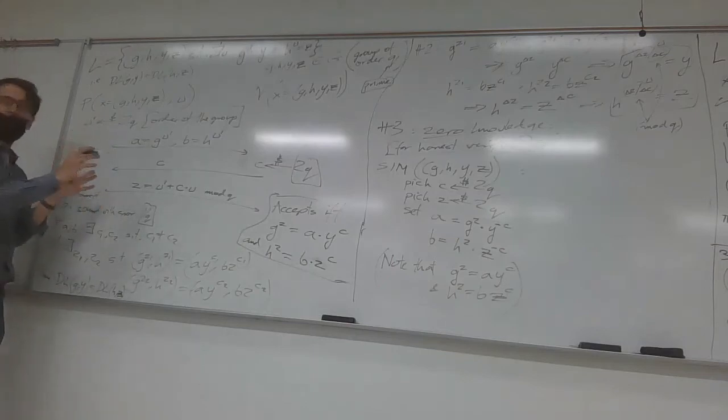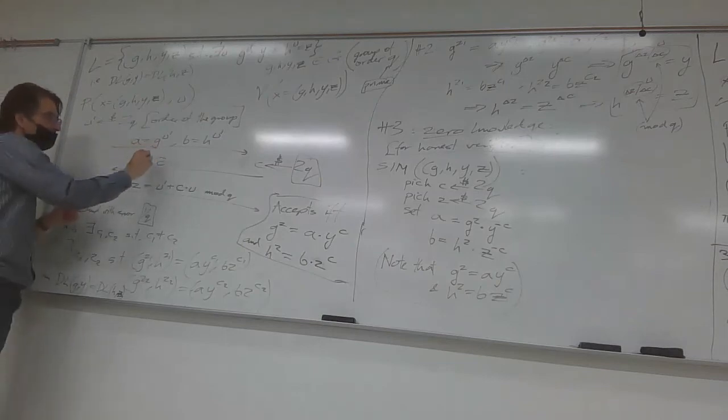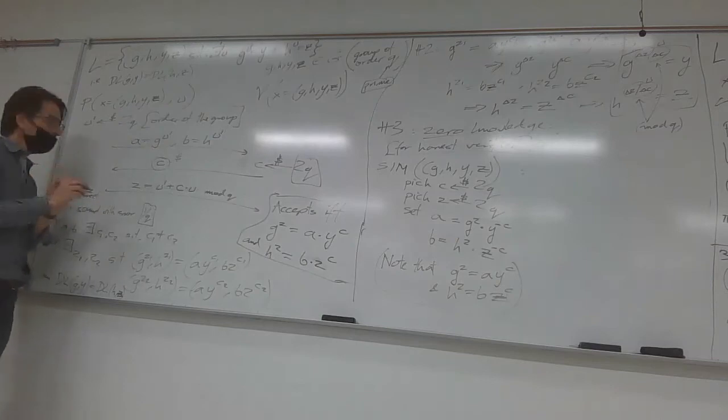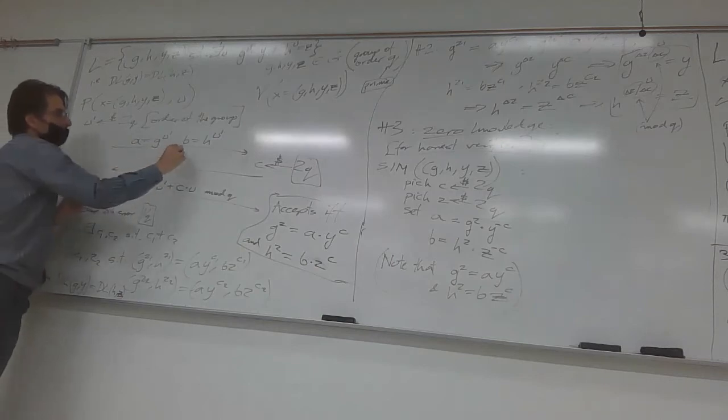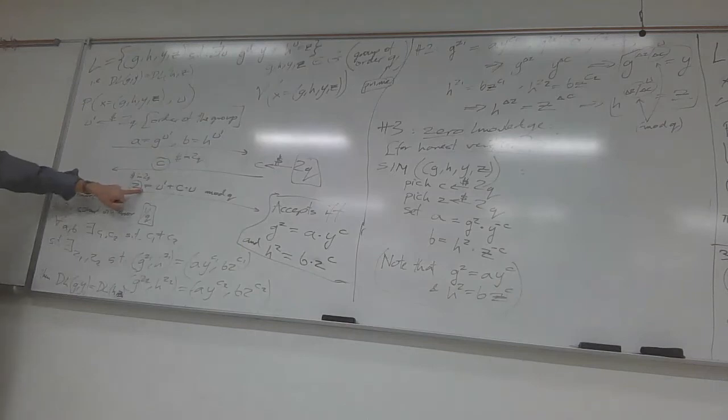Because what happens if you are an honest verifier? So a verifier that really picks C at random. This is a random message. This is a random value in Z_q. This is a random value in Z_q. Because it's like a one-time pad.